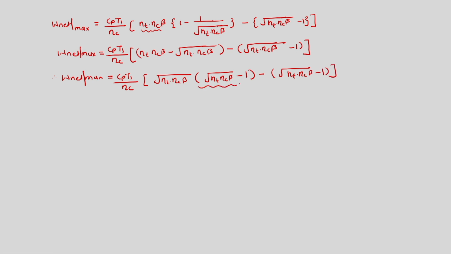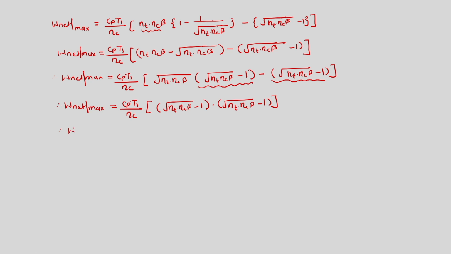So this term can be taken common, and then we can write W net max is equal to Cpt1 into eta t eta c beta minus 1 into square root of eta t eta c beta minus 1.